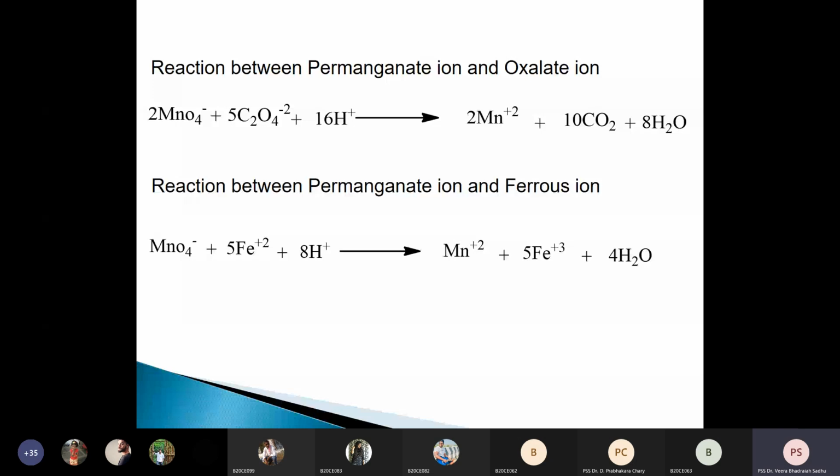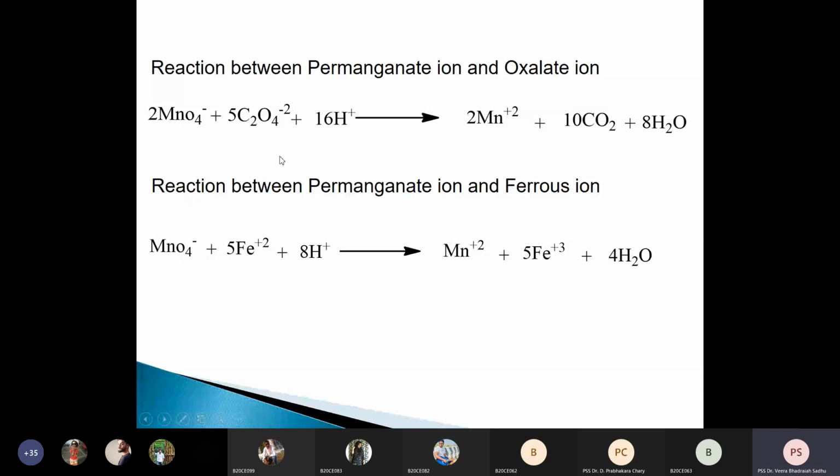So how much ferrous ions are converted to ferric ions, that we estimate using KMnO4. In the above potassium permanganate and oxalate reaction, what are the number of moles required for the reaction between KMnO4 and oxalate?